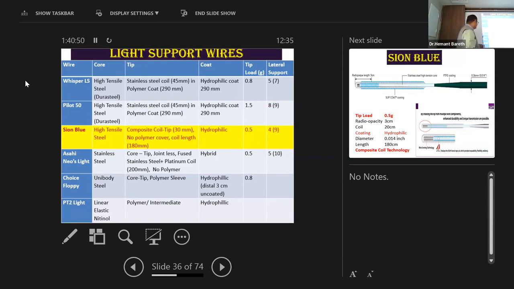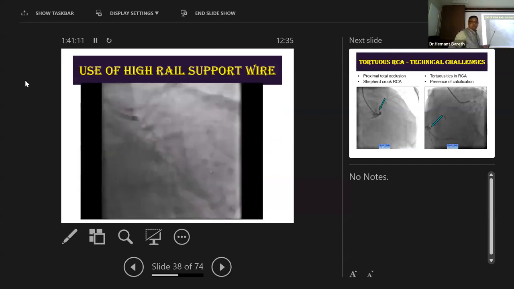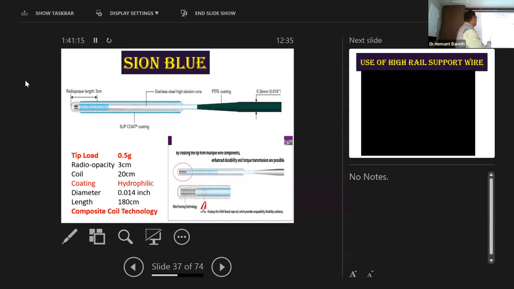This is made of a special type of steel, which is high tensile steel. This is the Xiong Blue wire. The radio opaque segment is 30; the coil extends 180, but the radio opaque segment is only 30. It has a high tensile steel core, PTFE coating in the proximal part, but no coating here.